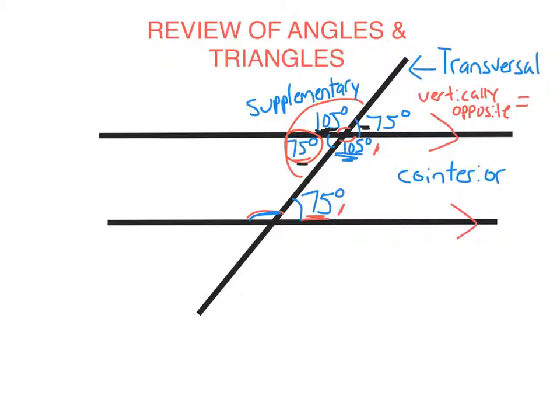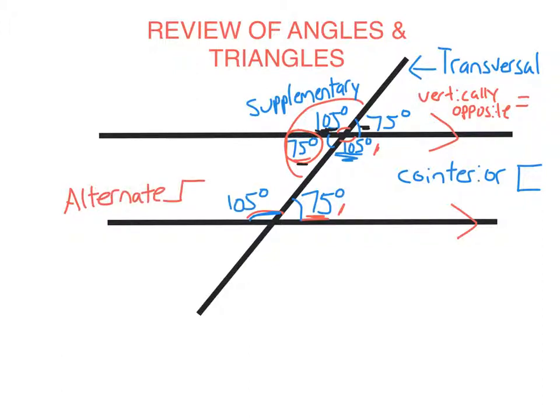We call them alternate because they are on alternate sides of the transversal. They're also called alternate interior angles because although they're also on opposite sides of the transversal, they're both inside the parallel lines. That's where we get interior. So this angle is 105 degrees. And so co-interior was the C shape, alternate is the Z shape, and alternate angles are equal.